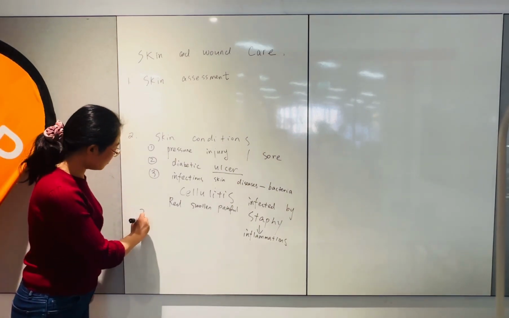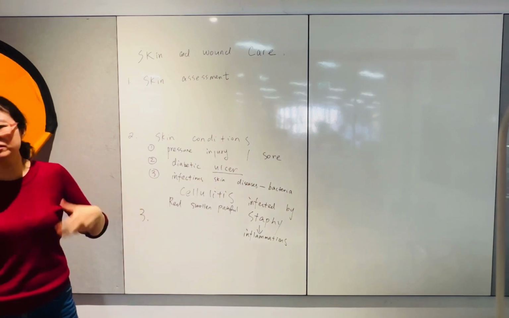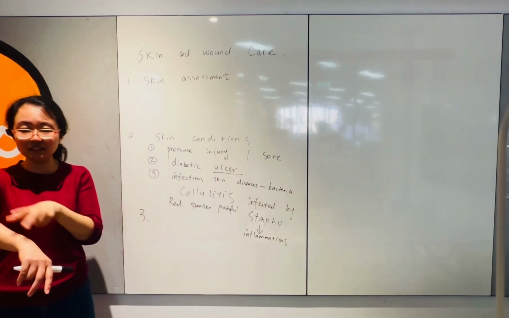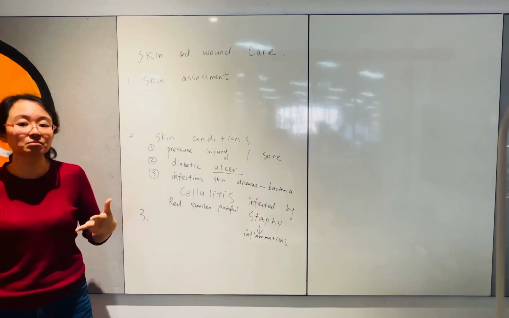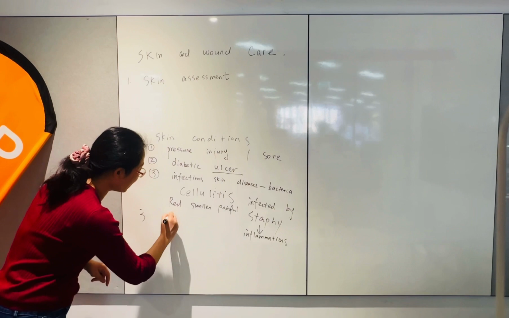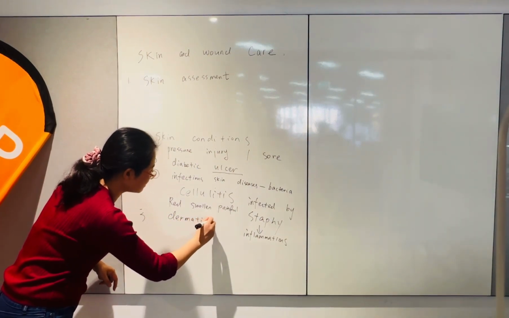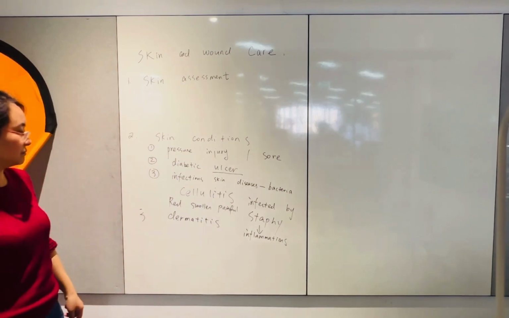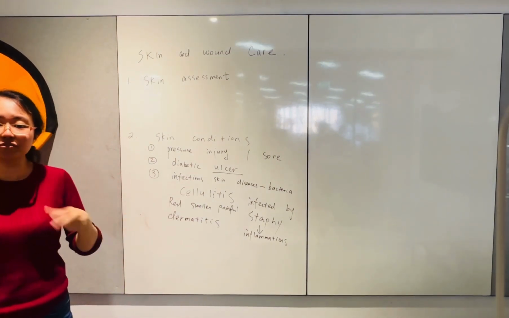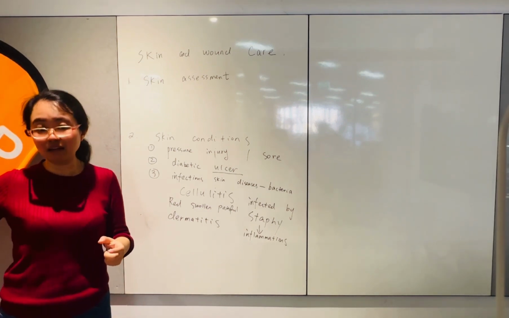So now we have briefly talked about some common skin conditions, and there are other common conditions. For example, if the patient's skin is allergic to something, they could develop allergic reactions, for example dermatitis. Dermatitis is inflammation on the skin triggered by allergies.